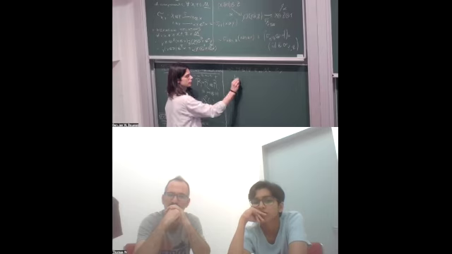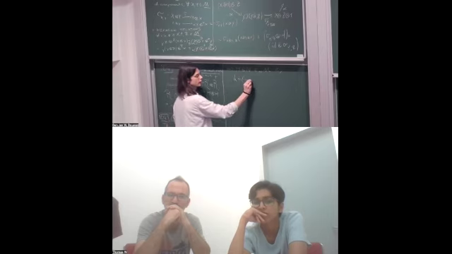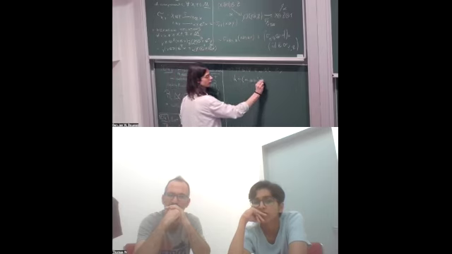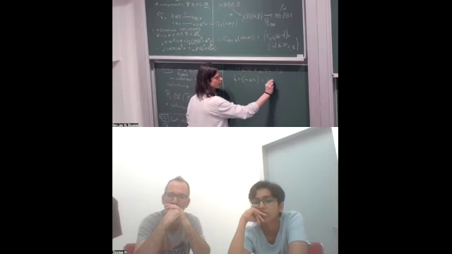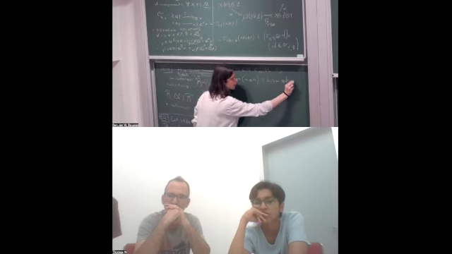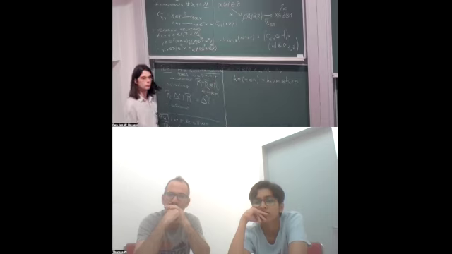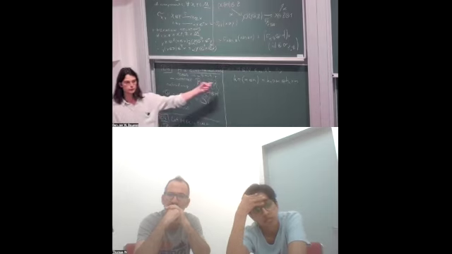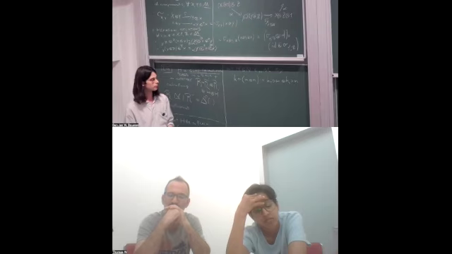So any element h on any element of the tensor product is defined to be h1 on m tensor h2 on n. So the bialgebra structure of H gives us a monoidal structure on the category of modules.